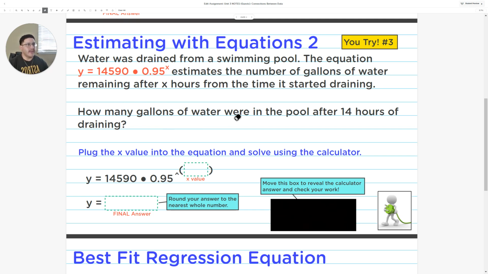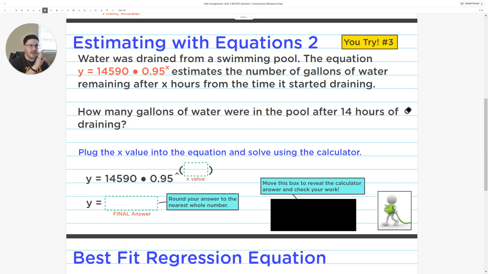How many gallons of water were in the pool after 14 hours of draining? Okay, so plug the x value into the equation and then solve using the calculator. There's nothing we have to figure out for the x. It's very straightforward. From the time it started draining, that's 0 hours. It has been 14 hours. We want to calculate how many gallons of water were in the pool after 14 hours.